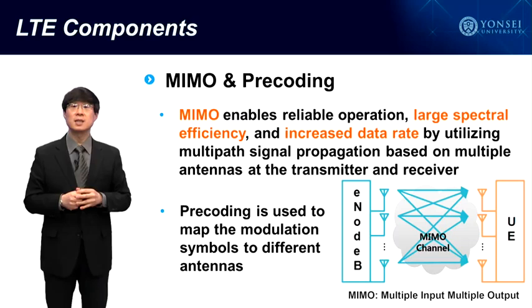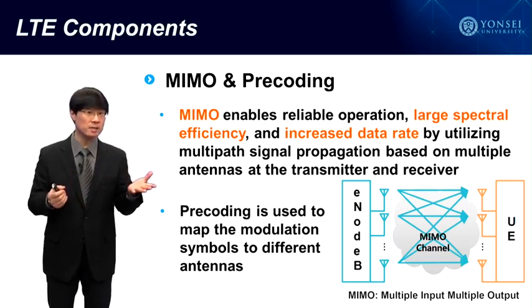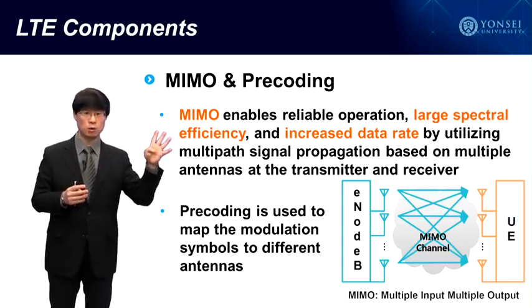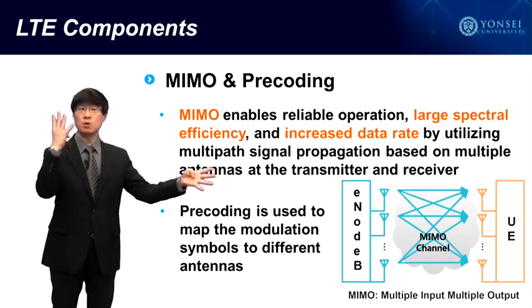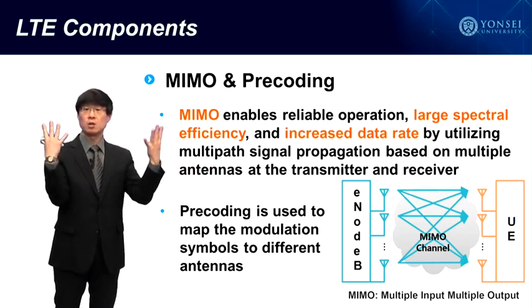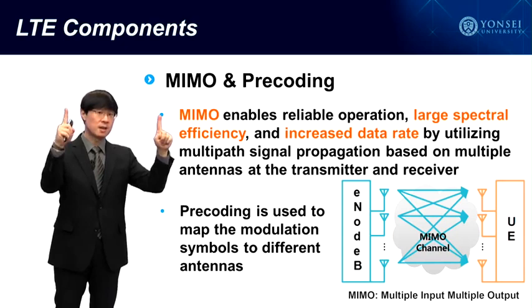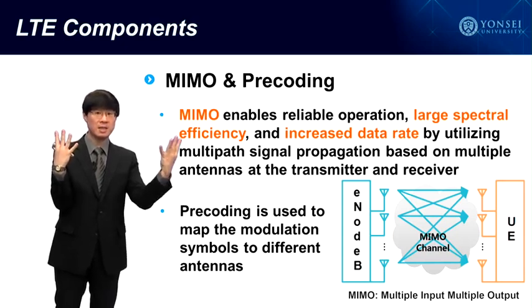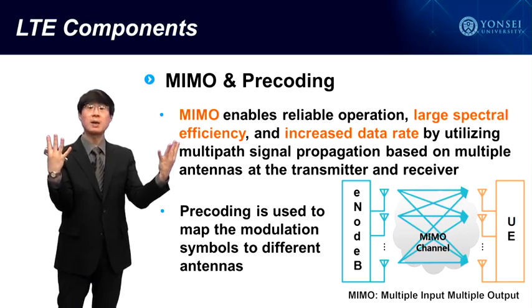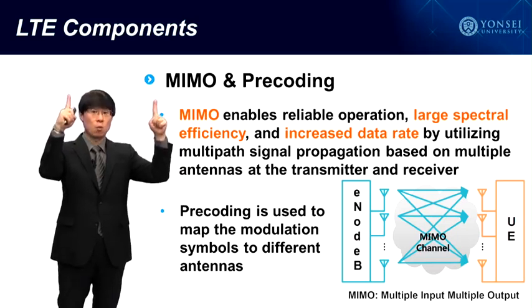Instead of using one antenna, if I use, let's say, 4 antennas at my eNode B base station, and 4 antennas at my mobile device, my UE, then using the same bandwidth that I used for single antenna devices, I am able to get almost 4 times the data rate that I was able to get before, when I was just using one antenna each at the base station and at my mobile device.